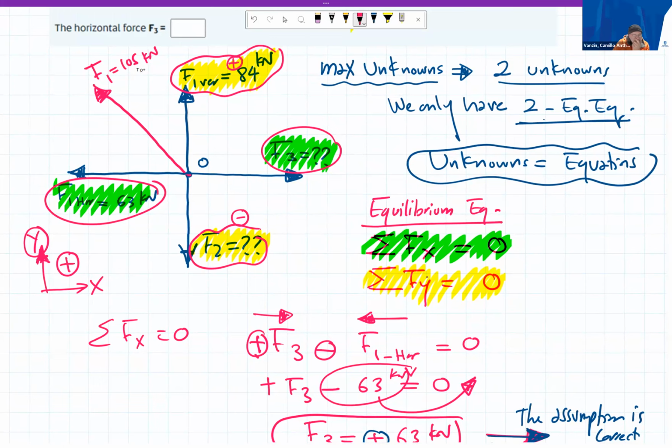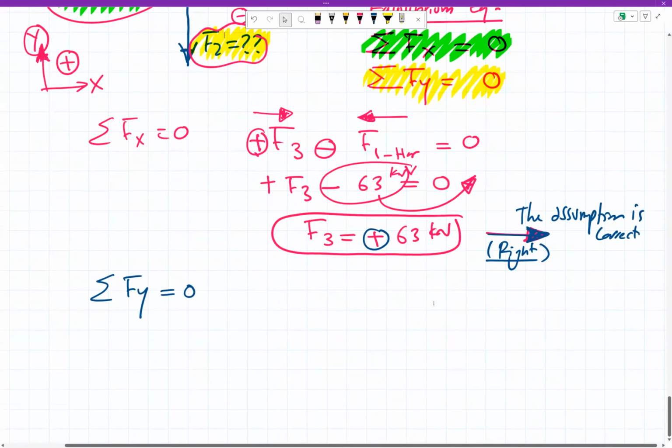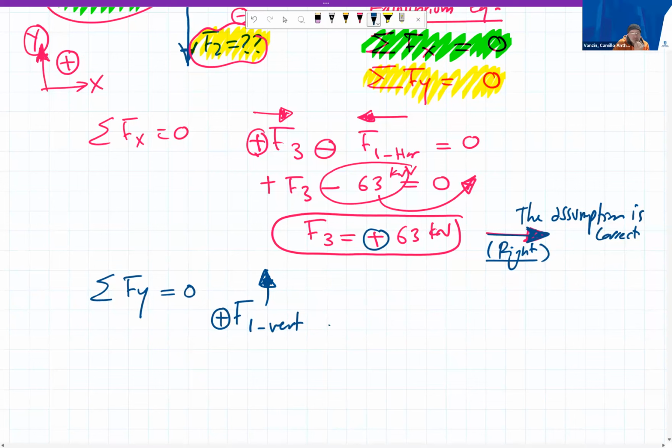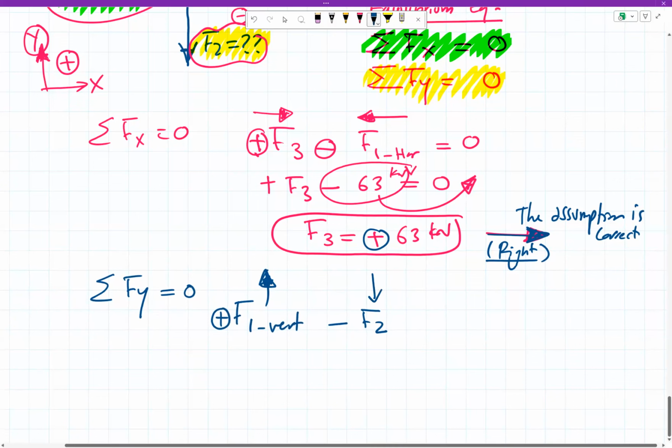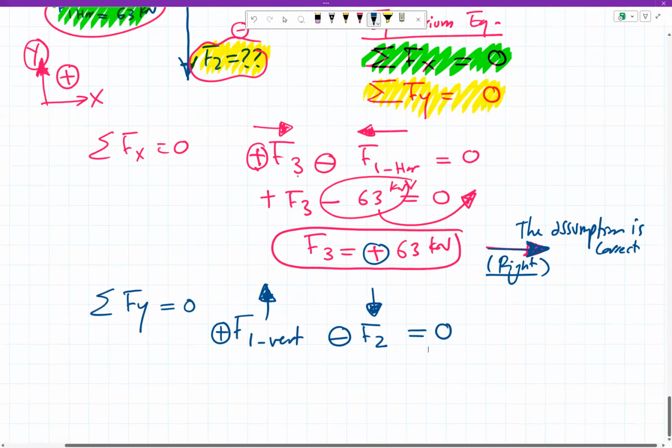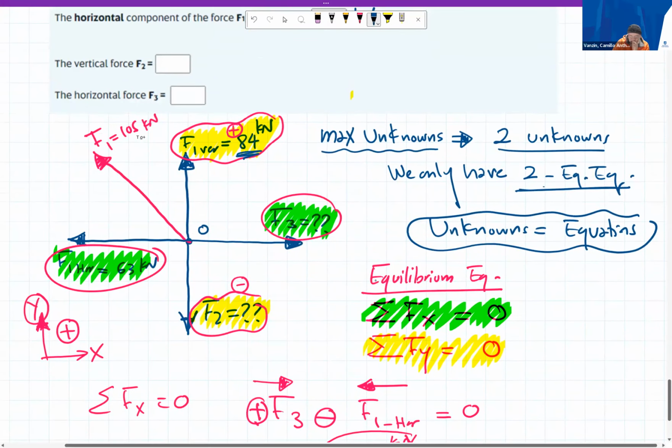So if we apply Fy, we have F1 vertical positive because it is acting upward. I try to put the arrow or the direction above to understand why it is positive. What about the other force, F2? Downward, so that's why it is negative. These two together are equal to 0. How much is F1 vertical from our calculation earlier? 84.